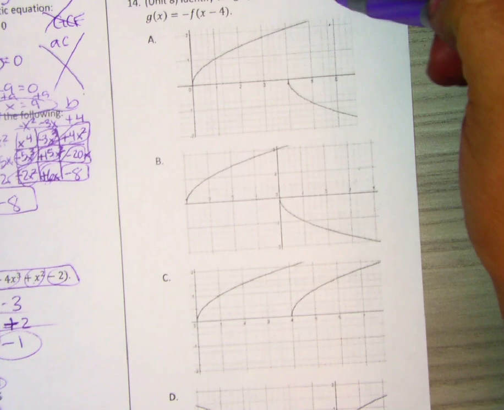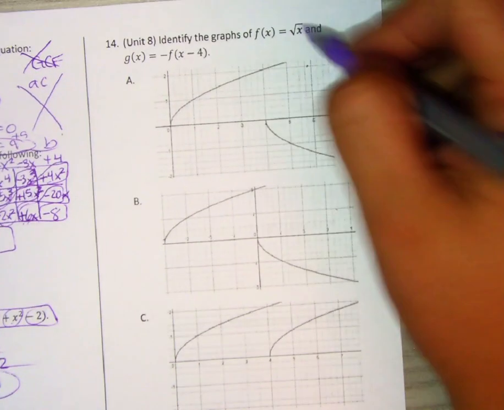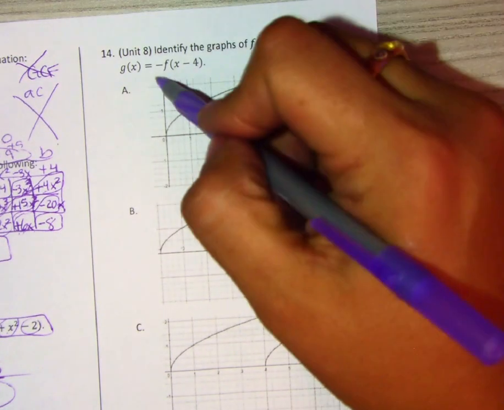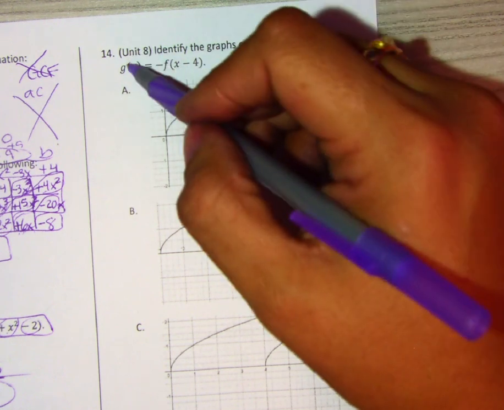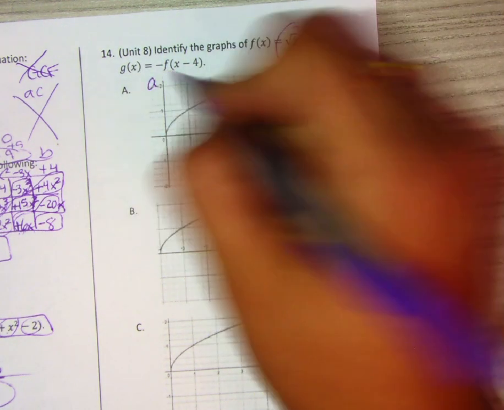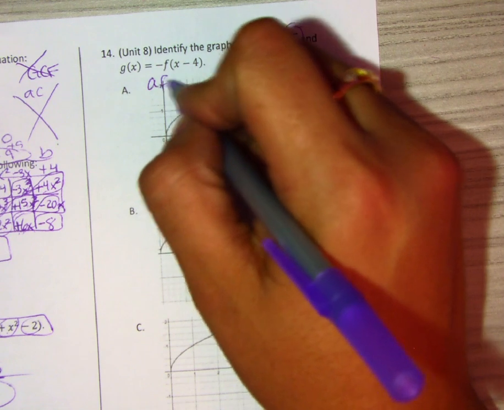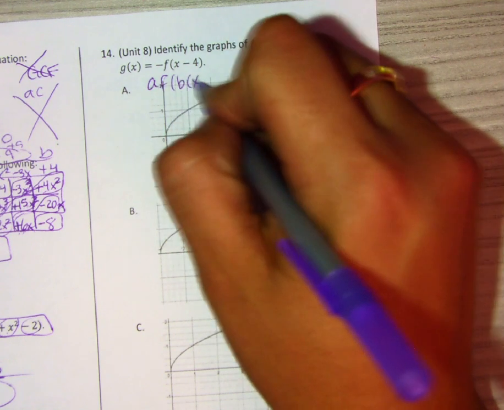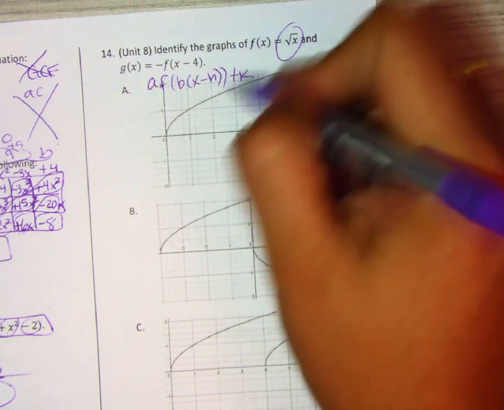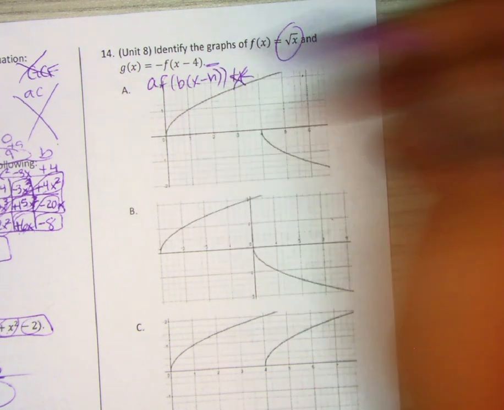And we have the square root of x being asked to identify what happens to it if we have this transformation. So this is unit 8. Another transformation topic. So A value will always be in the front and B value will be inside and K value will be on the end. So there's no K value because we don't have anything at the end.